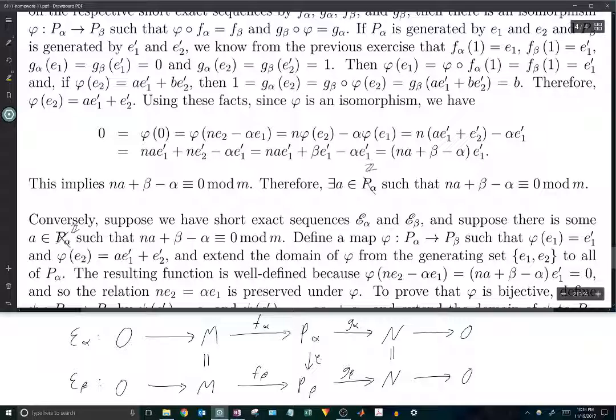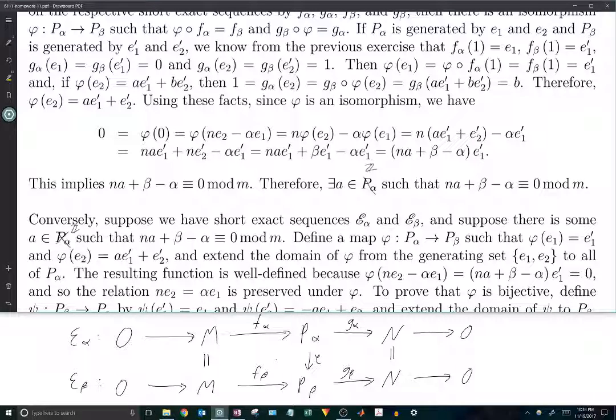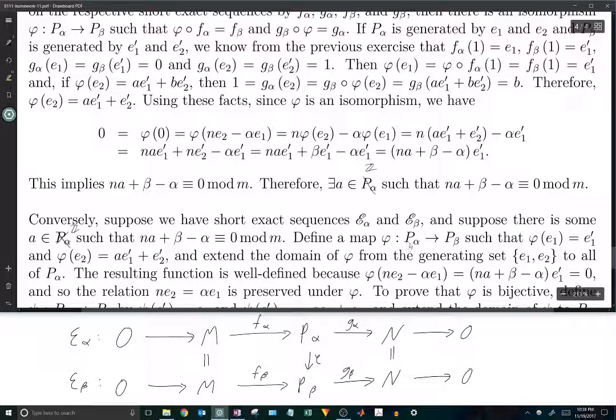Now we can prove that there is a phi which makes these two diagrams isomorphic. So define a map phi from P alpha to P beta by phi of E1 is E1 prime and phi of E2 is aE1 prime plus E2 prime. Extend the domain of phi from this to all of P alpha linearly.